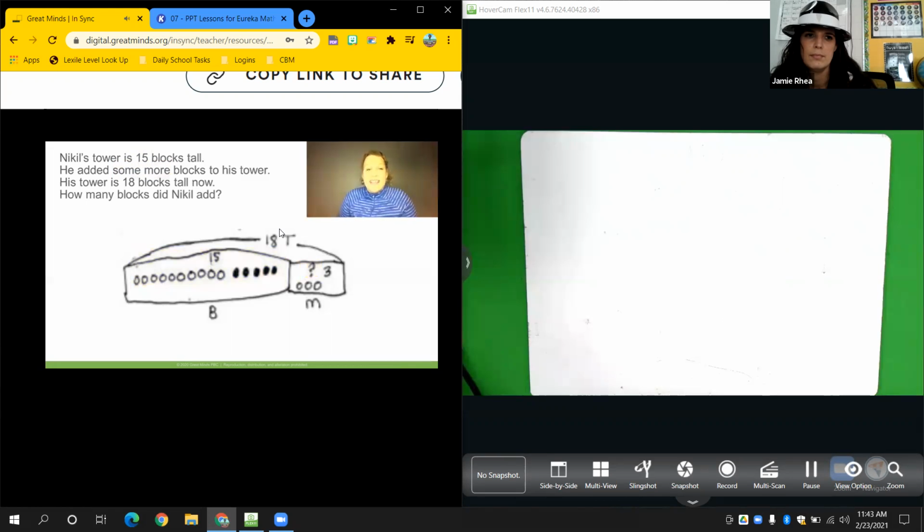Then we know that he now has 18 blocks in all, the total. So 18 is the total for this tape diagram. And we can count on from 15 like this: 15, 16, 17, 18, to find out that the missing part is 3.